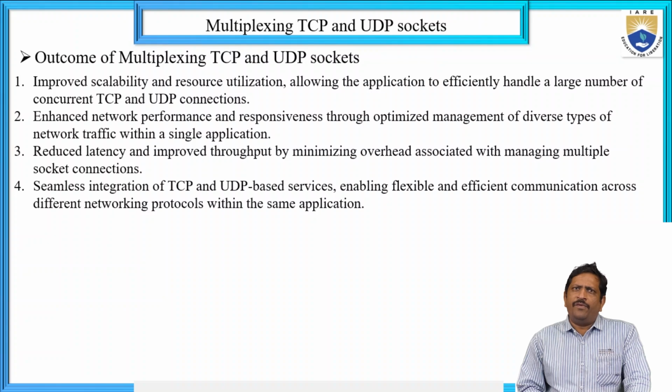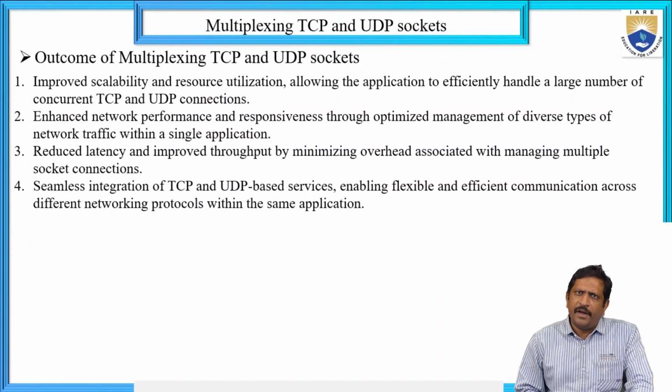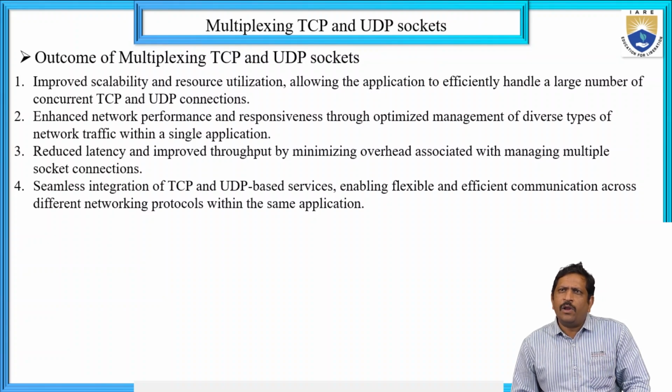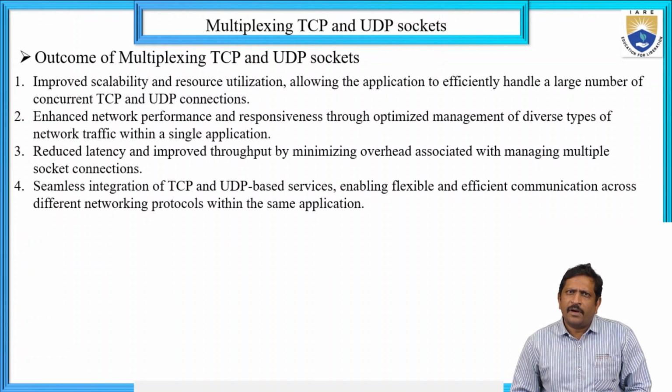The outcome of multiplexing TCP and UDP sockets is improved scalability and resource utilization, allowing applications to efficiently handle a large number of concurrent TCP and UDP connections.